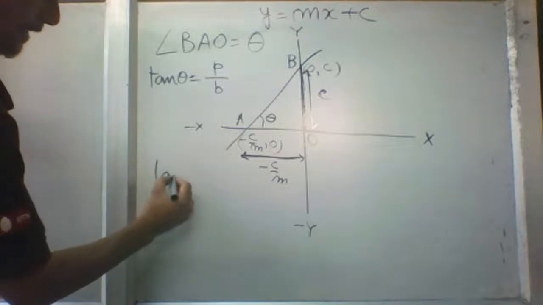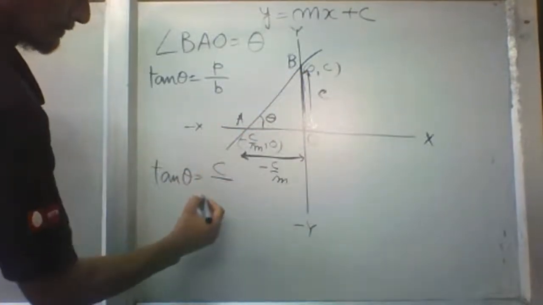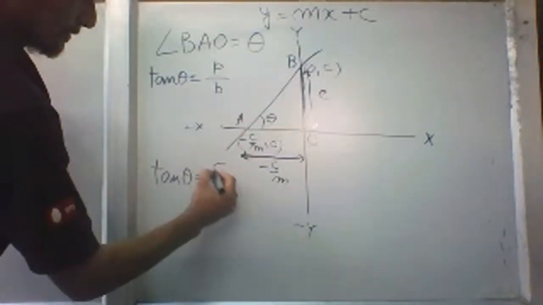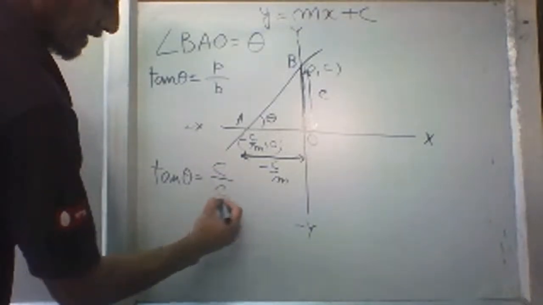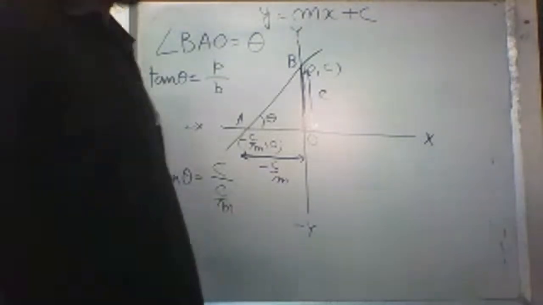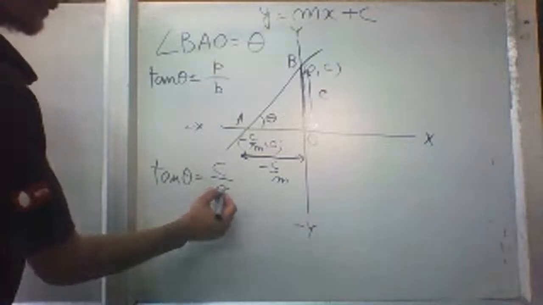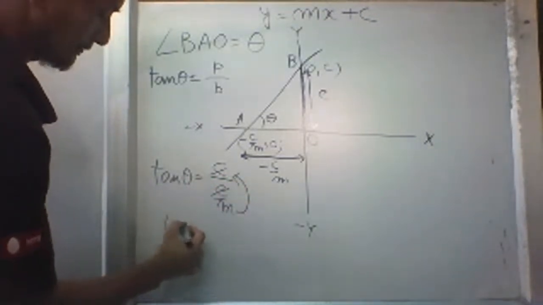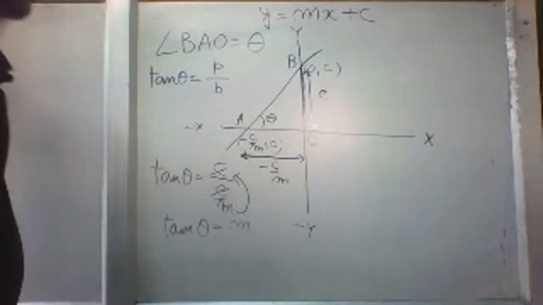Now tan theta will be c upon m, numerical value c upon m. You got it? C upon m. C will be cancelled and m will move up. Tan theta is equal to m.